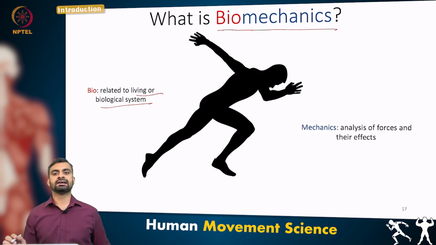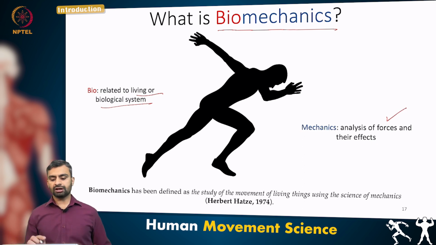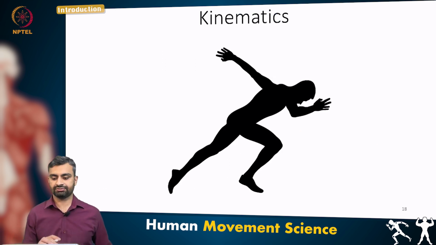Whereas mechanics involves the analysis of forces and their effects on the body. Herbert Hatze in 1974 defined biomechanics as the study of movement of living things using the science of mechanics. Mechanics is a sub-branch of physics which deals with the study of motion itself.